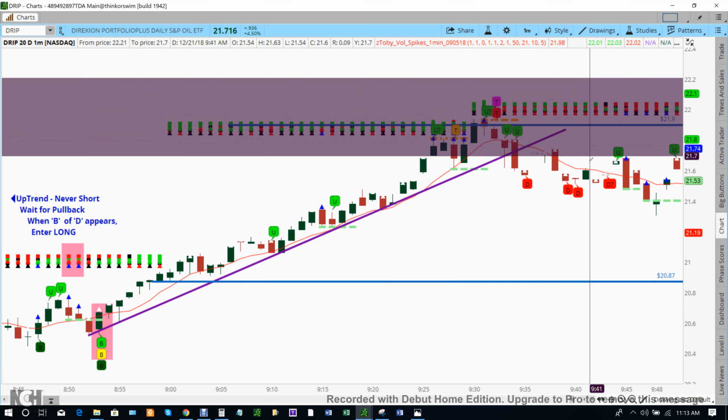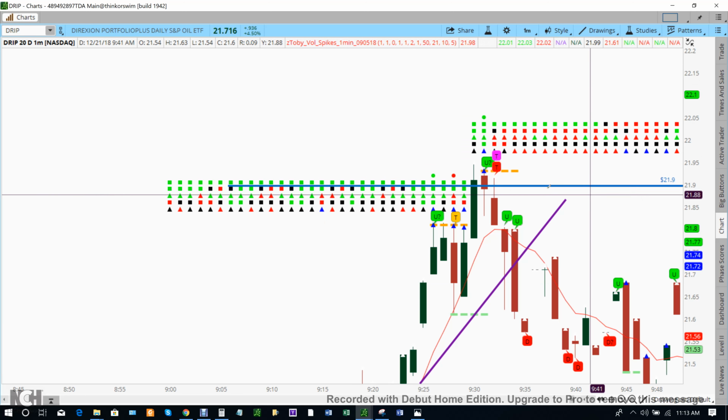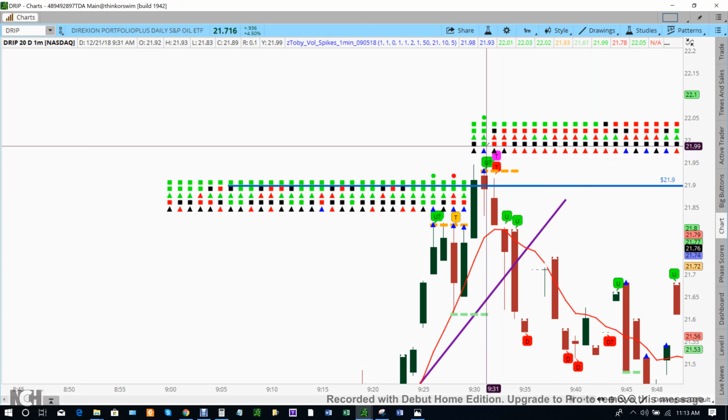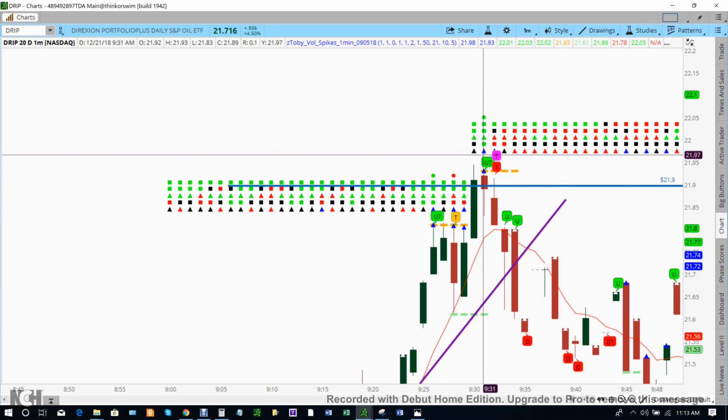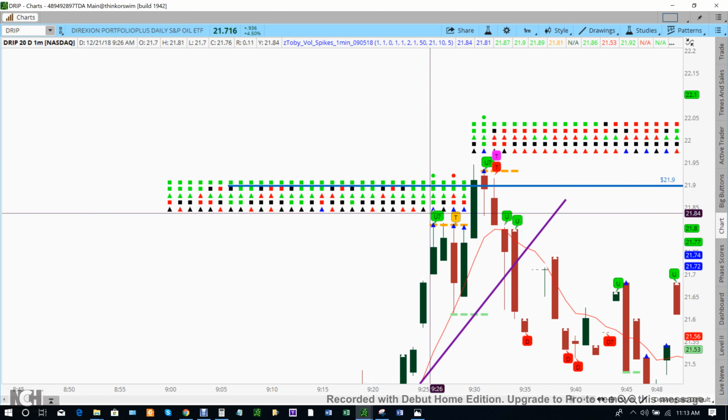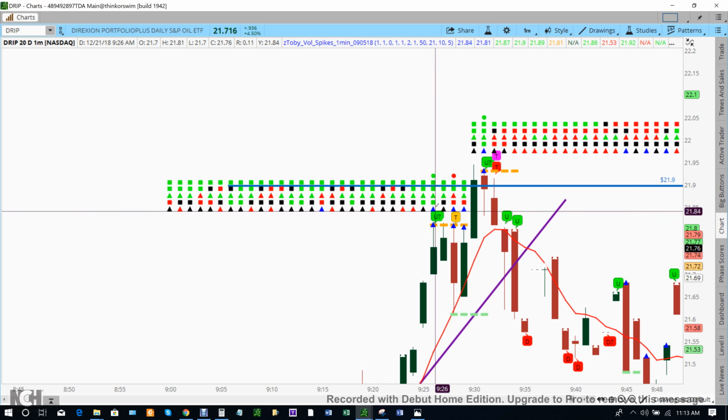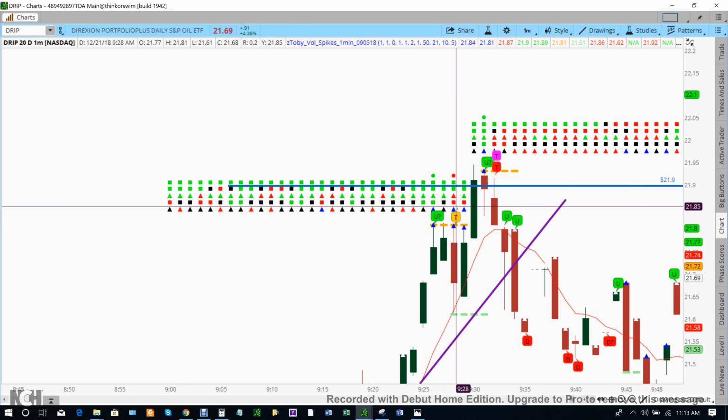Let me zoom in on this so you can see. We got another blue triangle. There are all these blue triangles up towards the top here. See this one here? Blue triangle with a green momentum. That means it's still going up. But now we got two blues with two red momentums.